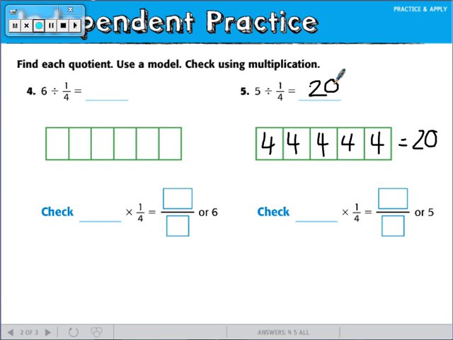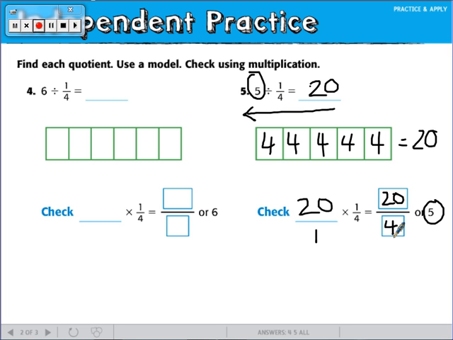So we're going to check. Remember I said it starts from here and it goes backwards. So I have 20 times 1/4 equals what, or 5? So 20 over 1, 20 times 1 is 20, 4 times 1 is 4.